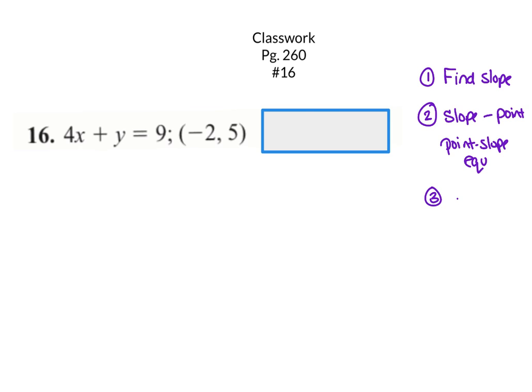And then solve for y. So get y by itself. They are asking for the slope-intercept line of this particular point. So slope-intercept is what they want. So you want it in y equals mx plus b when you're all done.